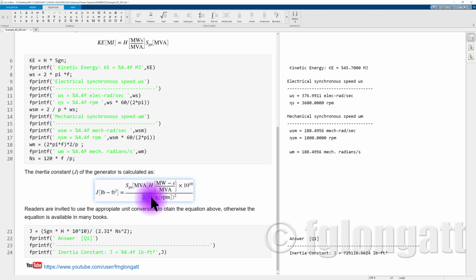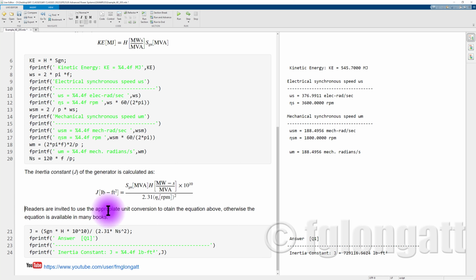This 2.31 and this 10 exponent 10 are basically coming from converting units. I will not go into those details because I am sure this equation is properly done, but if you want to exercise and prepare for exams, I highly suggest that you run the appropriate unit conversion and obtain the equation above.